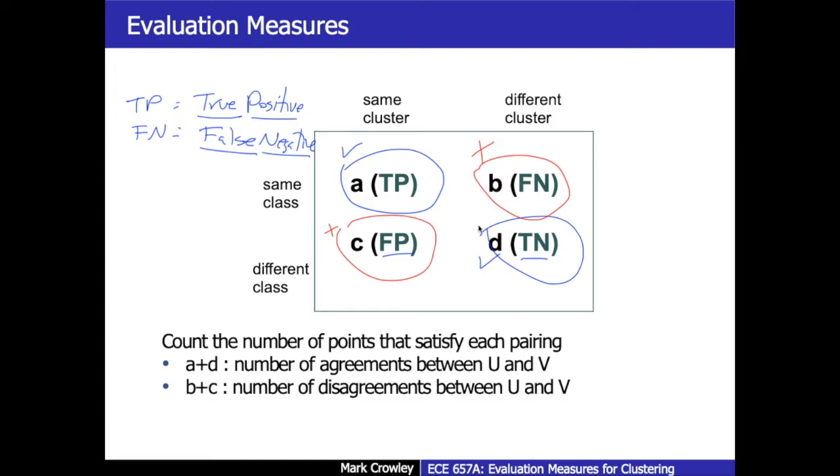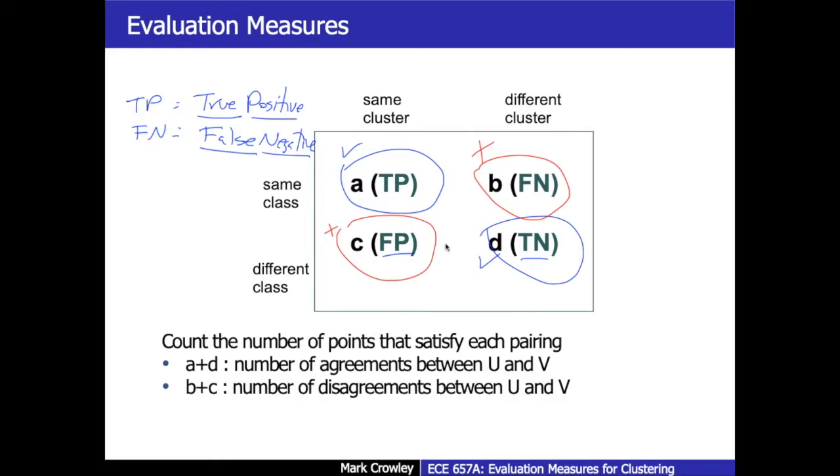True is the thing you want because you got it right, but these 2 different types of errors, being false, saying they're in different classes when they're in the same one, or the reverse, saying they should be in the same class when they're in different ones, are different types of errors, and it's important to be able to treat them differently. These will come up again and again in different parts of the course, but we're just focusing on the classification nature of it right here.